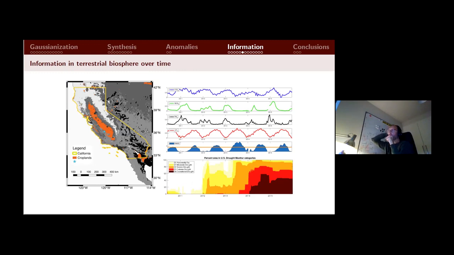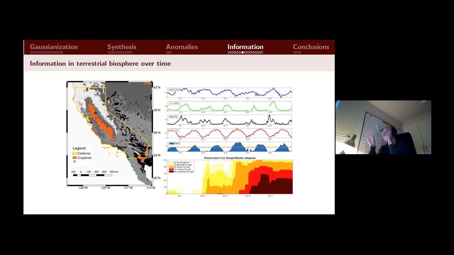Okay, and what happens if we want to scrutinize not only spatial but temporal data? Here we were interested in drought detection. In this experiment, we wanted to quantify the information in and between different variables that are typically used in this arena, like land surface temperature, the vegetation index NDVI, soil moisture, and a recent one called vegetation optical depth that accounts for water content in the plants.